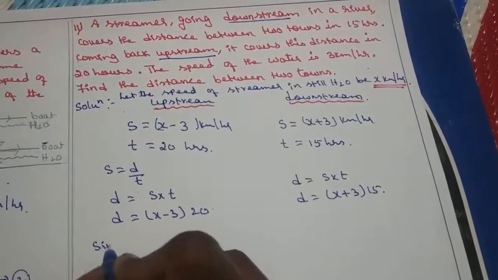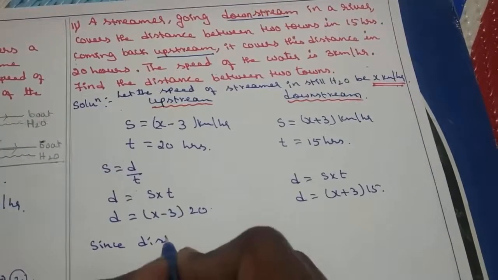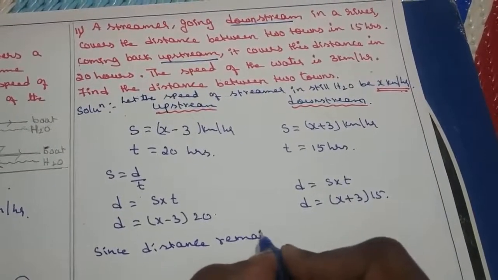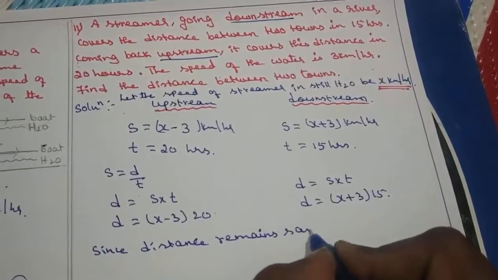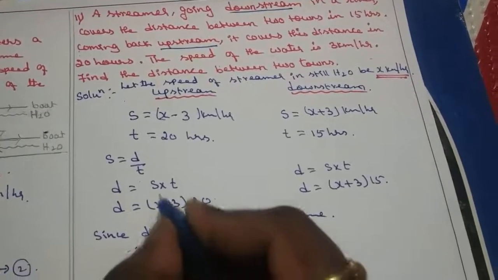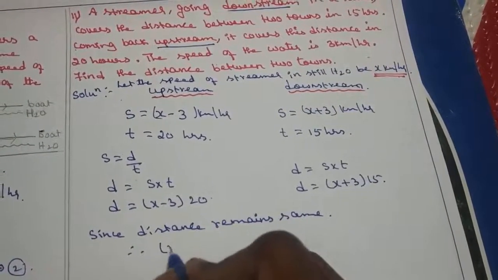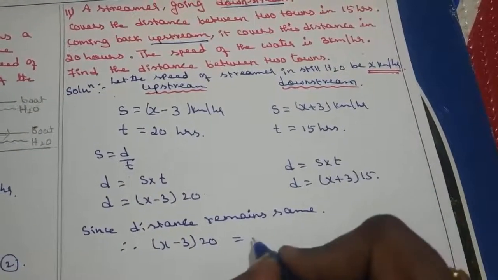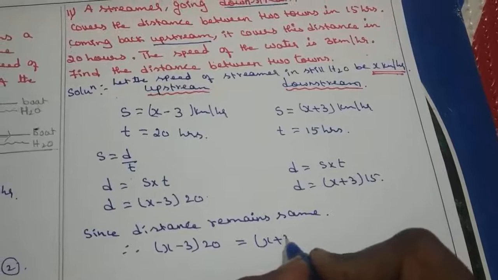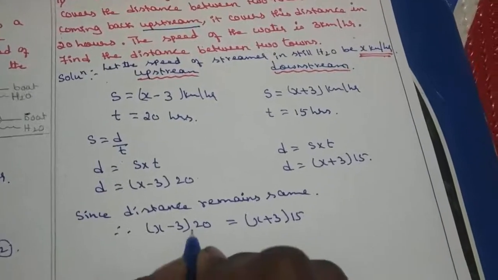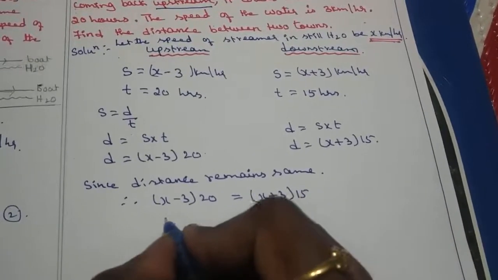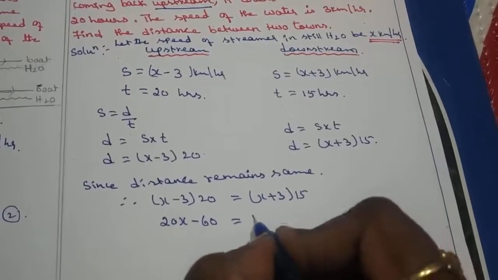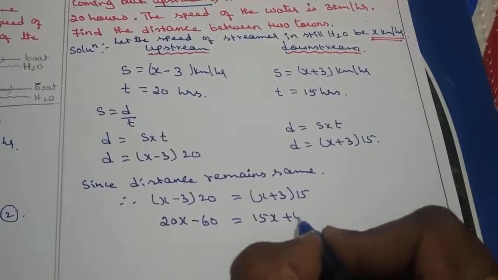Since the distance remains the same, therefore the distance from upstream is x minus 3 into 20 and the distance from downstream is x plus 3 into 15. Multiply monomial with the binomial, that is 20x minus 60 equal to 15x plus 45.